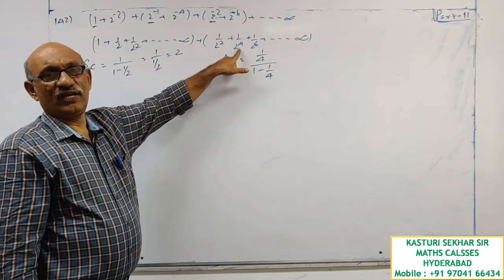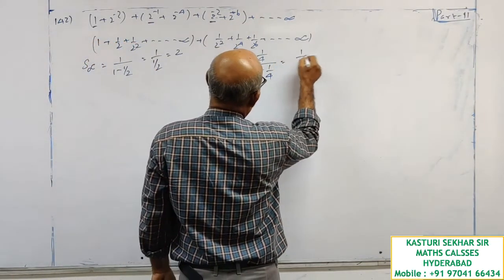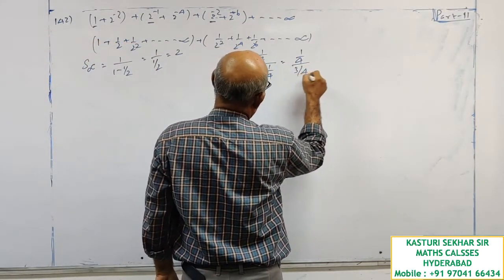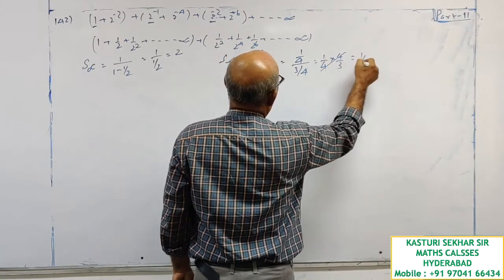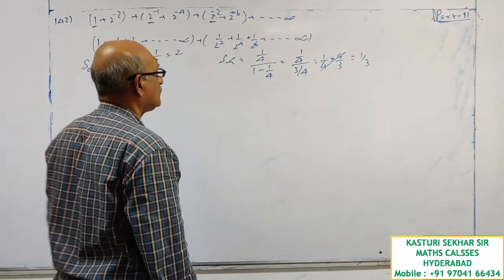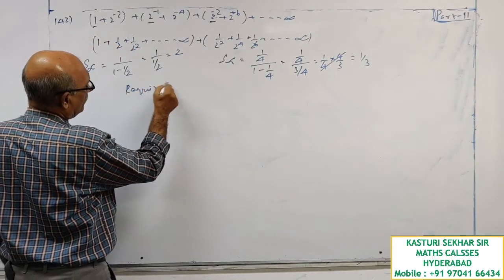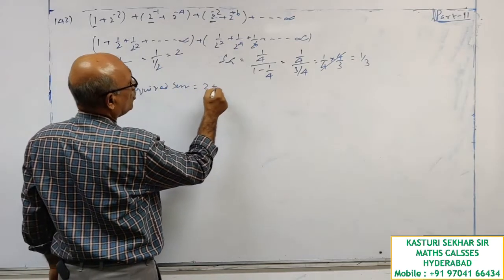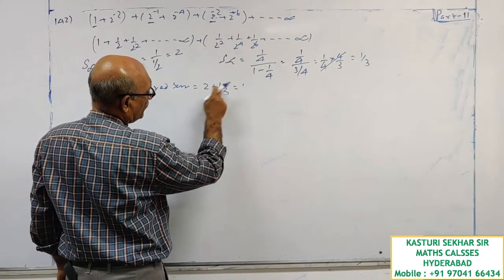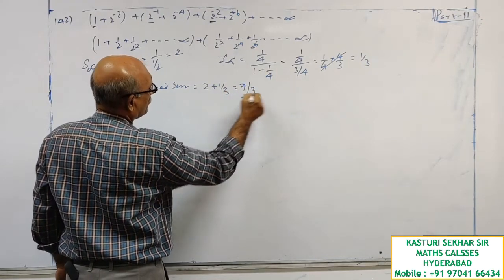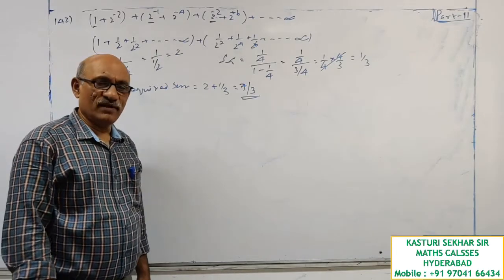For the second series, common ratio is 1 by 4. 1 by 4 divided by 3 by 4, this is 1 by 3. Now add. Required sum is equal to 2 plus 1 by 3, 5 plus 1, 2 3s are 6, 6 plus 1, 7 by 3. So the sum of the infinite series is 7 by 3.